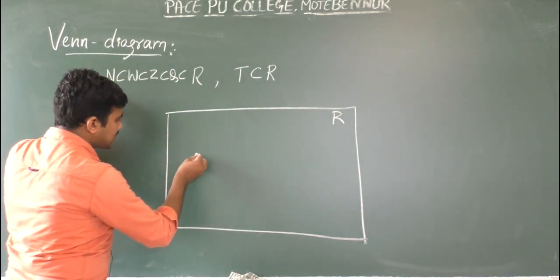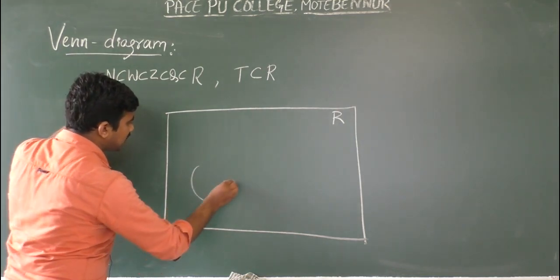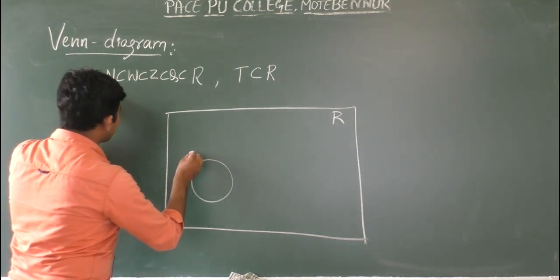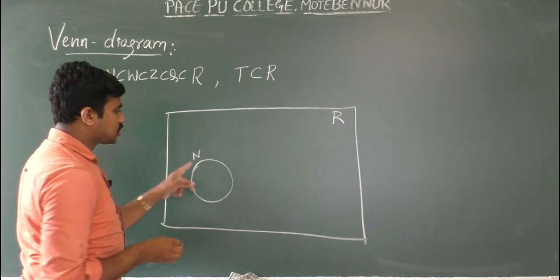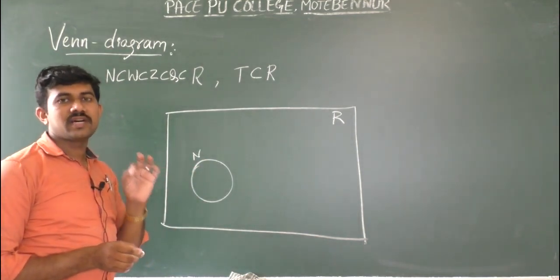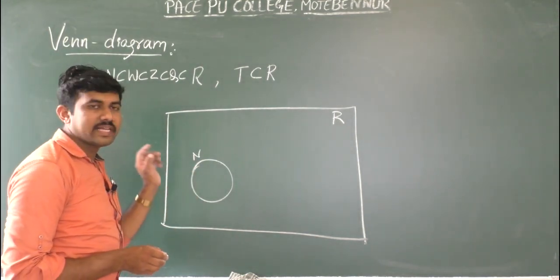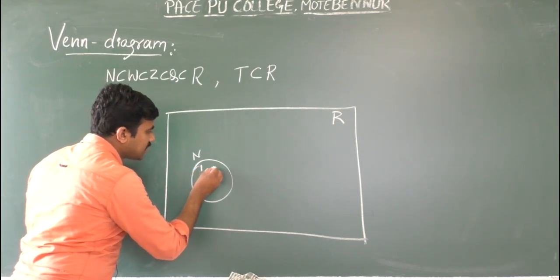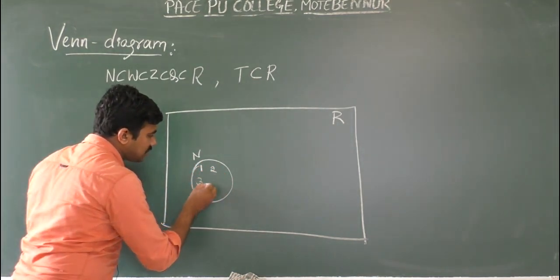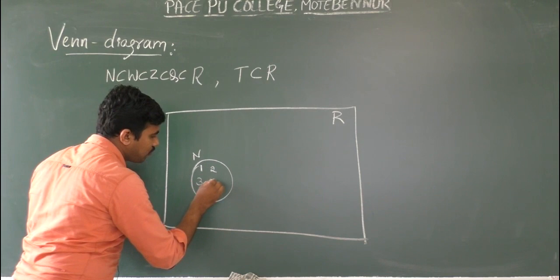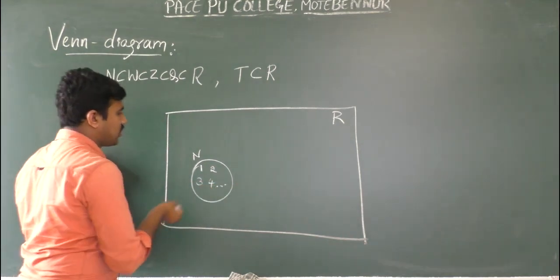And the natural number is the smallest set, and you have to show that by a closed curve, or a circle. It contains all natural numbers, that is 1, 2, 3, 4, 5, 6 and so on.